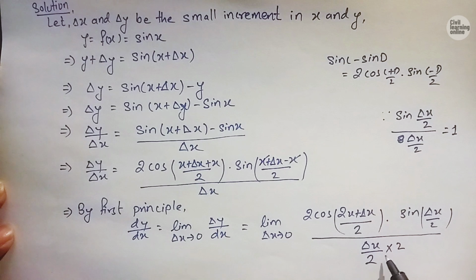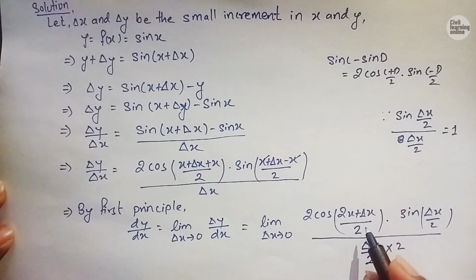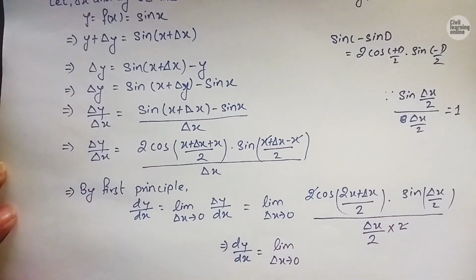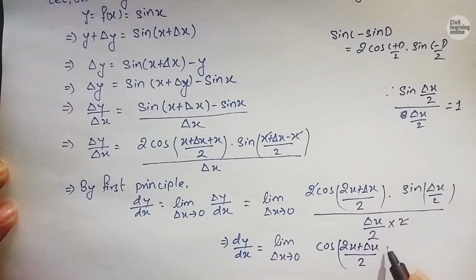So I have converted this delta x by dividing by 2 and multiplying by 2, so that this term will become 1. So further we will have dy upon dx equals limit delta x tends to 0, and this 2 gets cancelled out, and sin(delta x/2) by (delta x/2) becomes 1, and the remaining we will have here cos((2x plus delta x)/2).